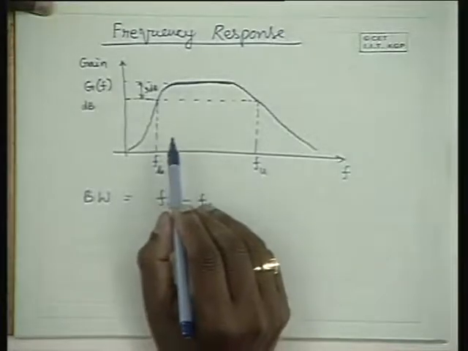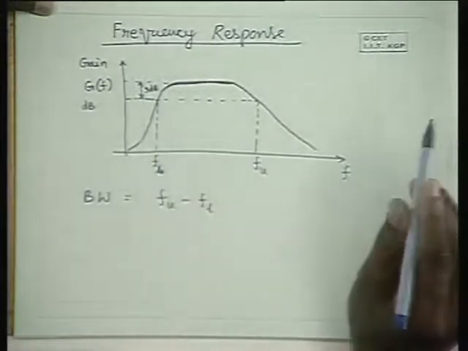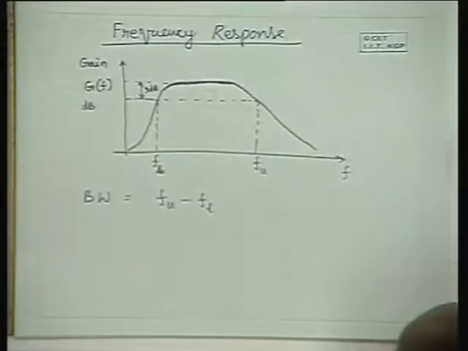Otherwise, what happens? Some frequencies are amplified with some gain, and some other frequencies are amplified with smaller gain. Therefore, you don't provide equal gain for all frequency components. Unless you provide equal gain for all frequency components, the signal at the output side won't be an exact replica of the input side.